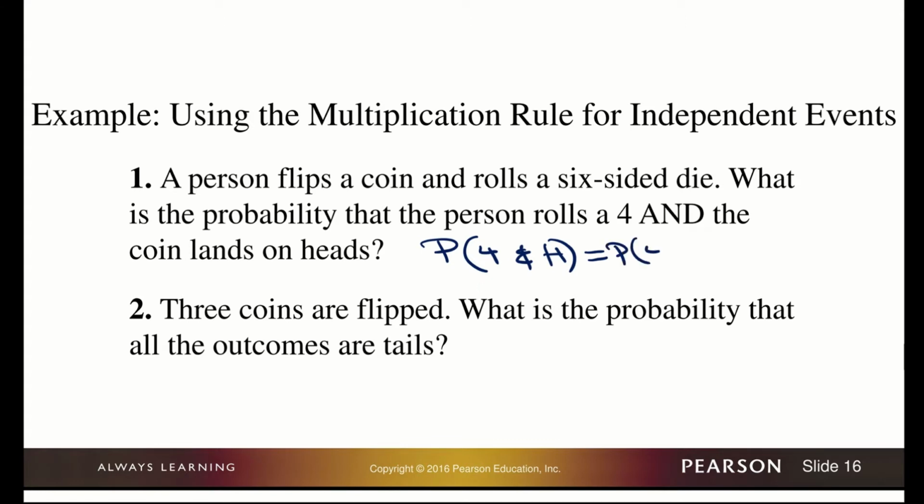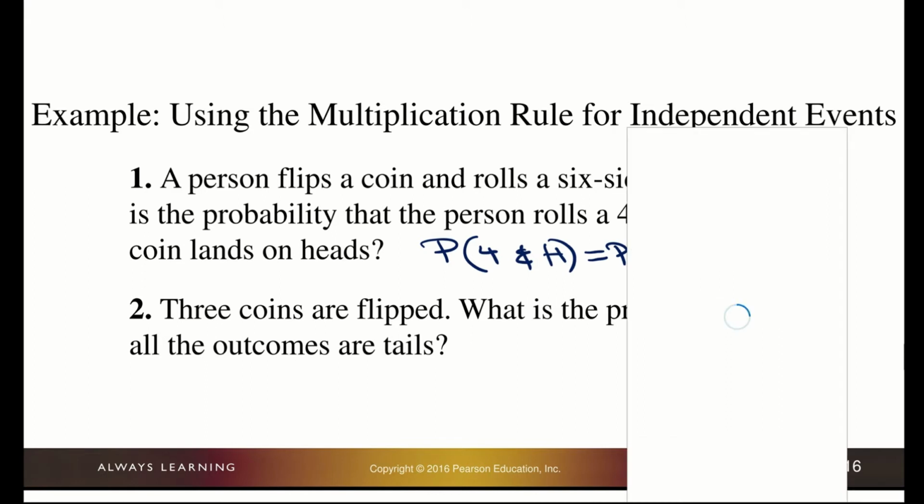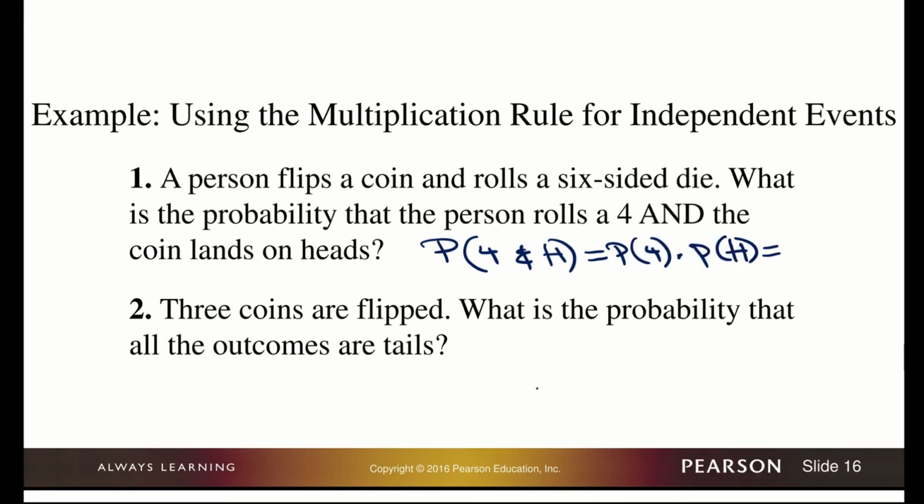So we're just going to say that's the probability of rolling a 4 times the probability of heads coming up. Now, what is the probability of rolling a 4? Well, remember, the sample space has 6 items, and 4 is just one of those 6 items. So we have 1/6 times the probability that the coin lands on heads when you flip it.